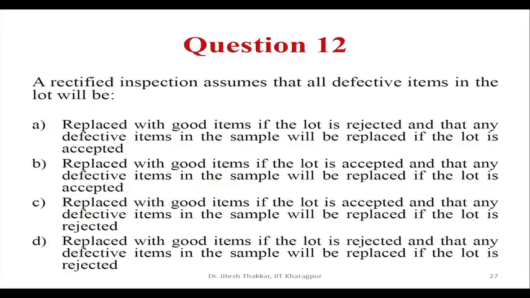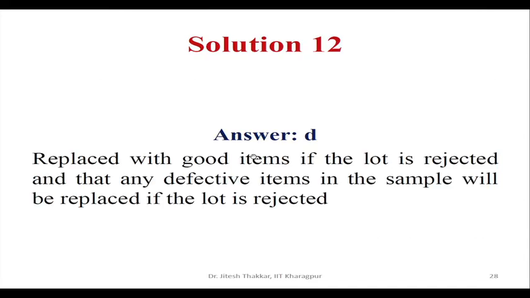Similar way, B. replaced with good items if the lot is accepted, and that any defective items in the sample will be replaced if the lot is accepted. You can easily read out similar way C and D options. Here the correct answer is D. It means replaced with good items if the lot is rejected, and that any defective items in the sample will be replaced if the lot is rejected.